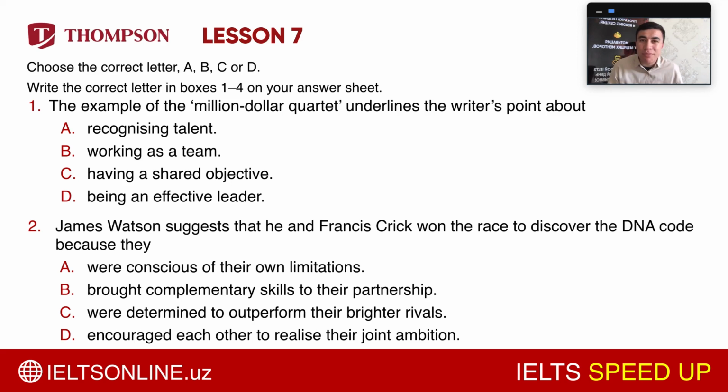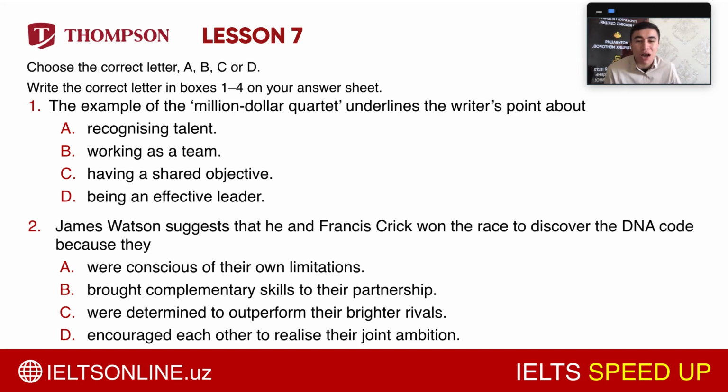B, brought complementary skills to their partnership. So complementary means if one of them was weak at something, the other one was stronger, so they complemented each other. Okay? C, were determined to outperform their brighter rivals.